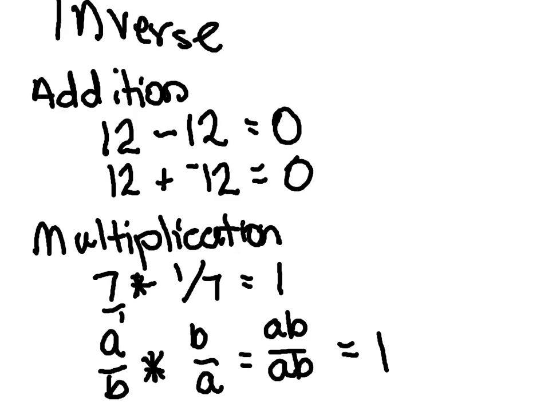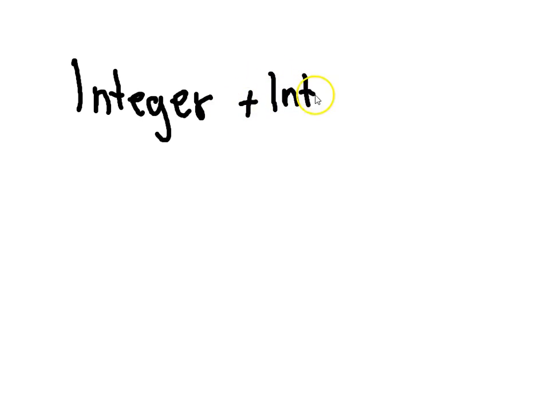And then closure. So closure is the idea that you're going to get a number back out when you have two numbers. So we can say an integer plus an integer is going to get you an integer back out.